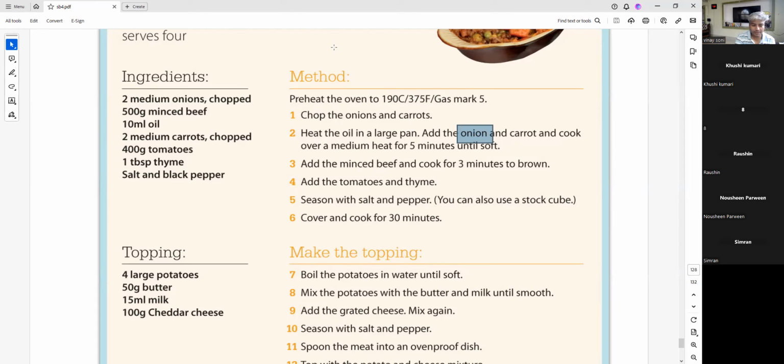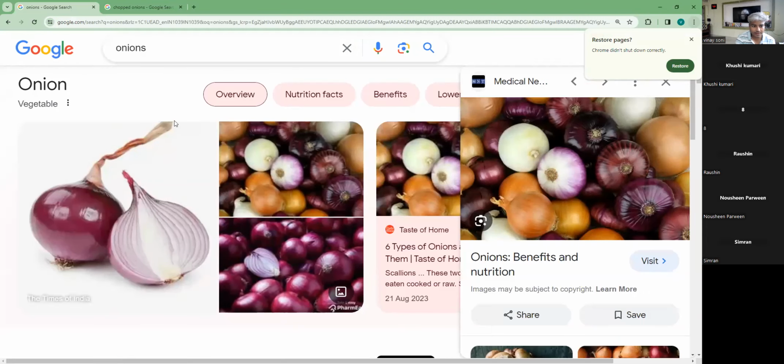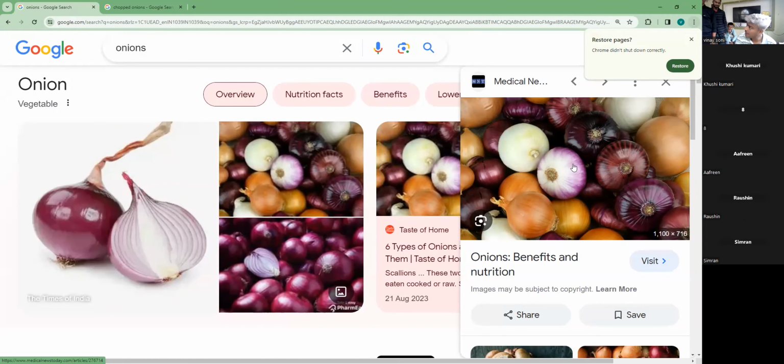Okay, everyone, take a look at this. What word will you use for this photo? Onion or onions? Onions. You can see onions here, 1, 2, 3, 4, 5, 6, 7, 8, and many more. So you will use the word onions here, right?